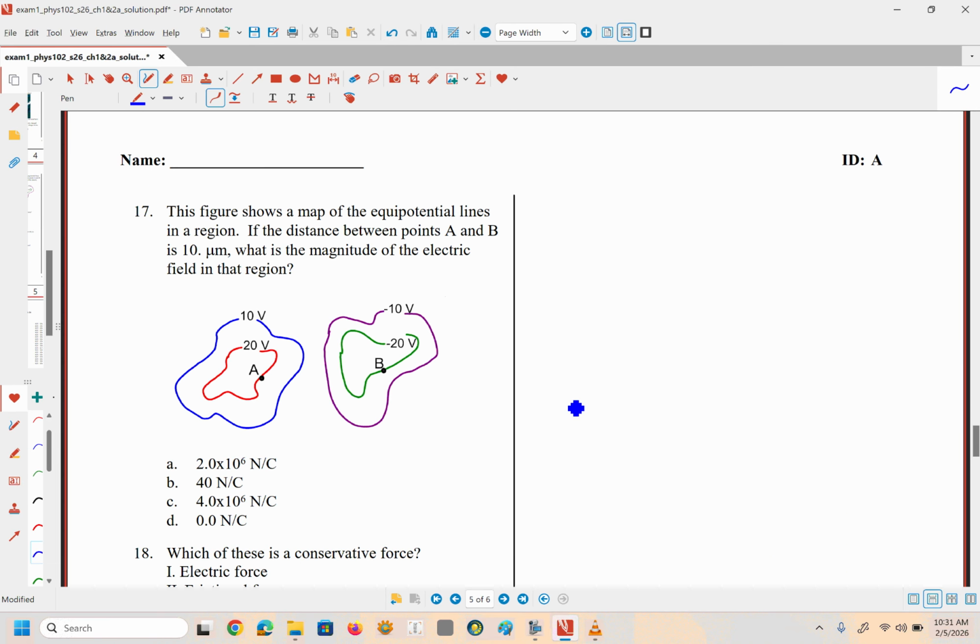All right. This shows a map of equipotential lines. What is the magnitude of the electric field in this region? My change in potential for these 2 points is going from 20 to minus 20, a change of 40 volts. It's actually negative 40 volts, but I'm just looking for the magnitude of the electric field.